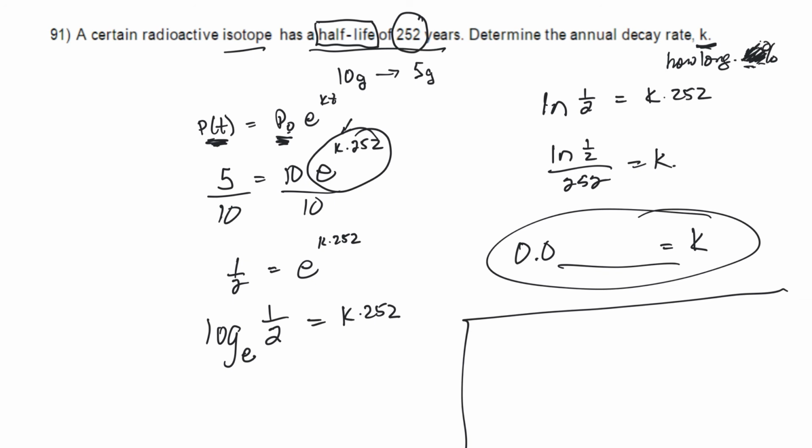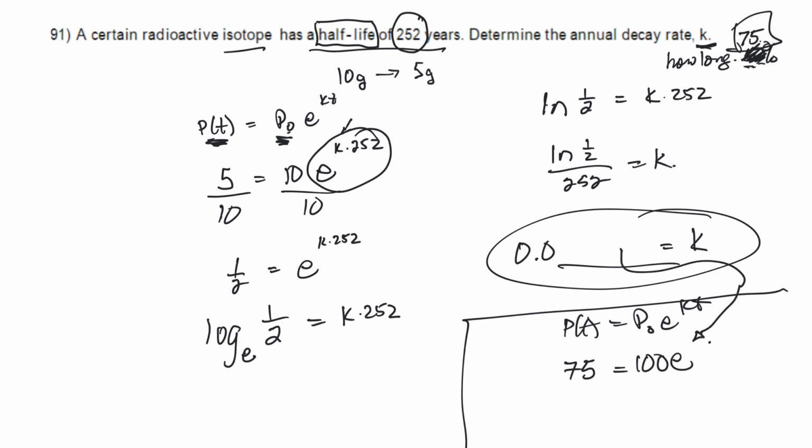Let's say how long until it's 75% of what it started with. So you'd say with your formula, start, say, at 100%, and they say how long until you have 75% left. So 75 would be there. E to the k, you'd bring that number in right there, times t, and in that case you'd solve for t. And you'd solve it the same way as we did that one.